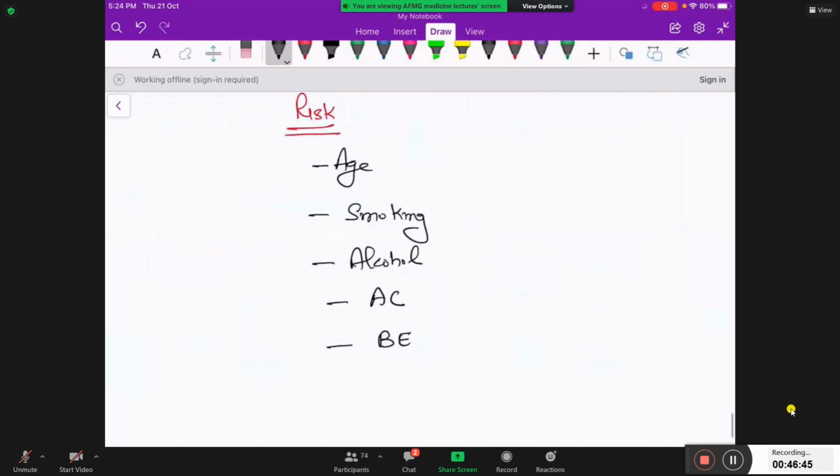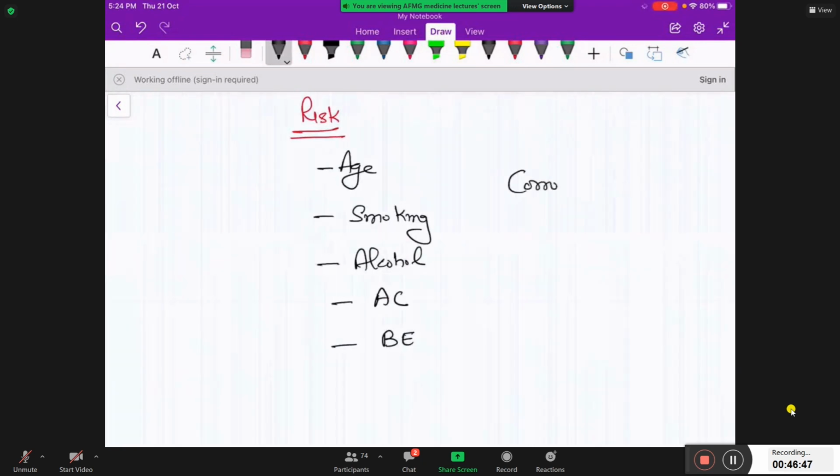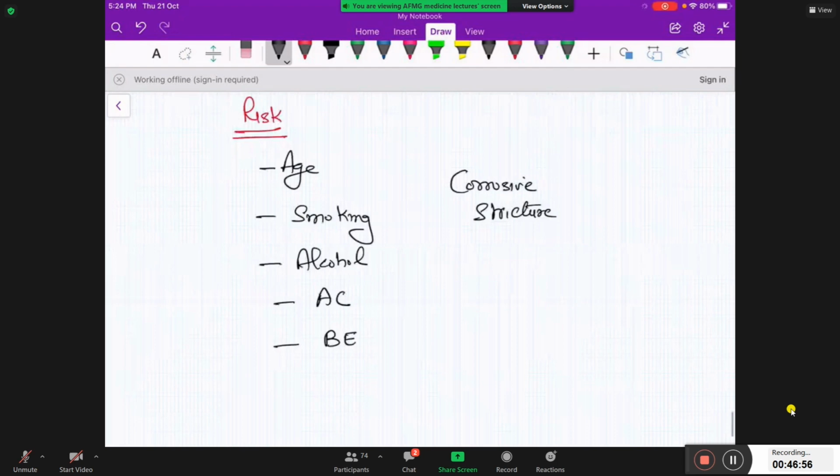And corrosive stricture, important point, is also a risk factor, which is also called lye ingestion. Lye is a kind of corrosive material which leads to corrosive stricture, so it's a risk factor.